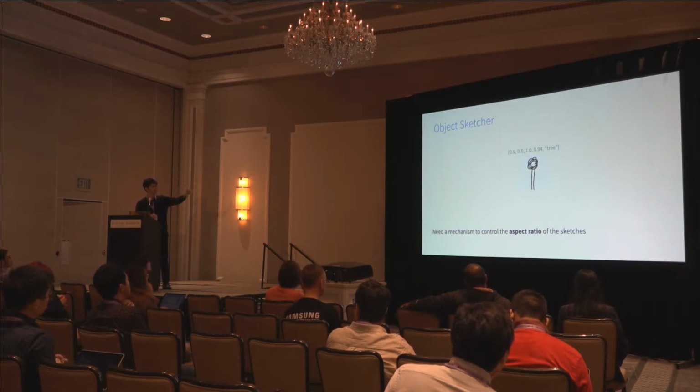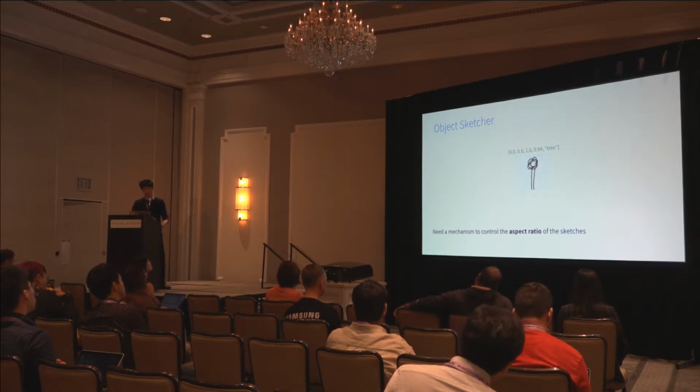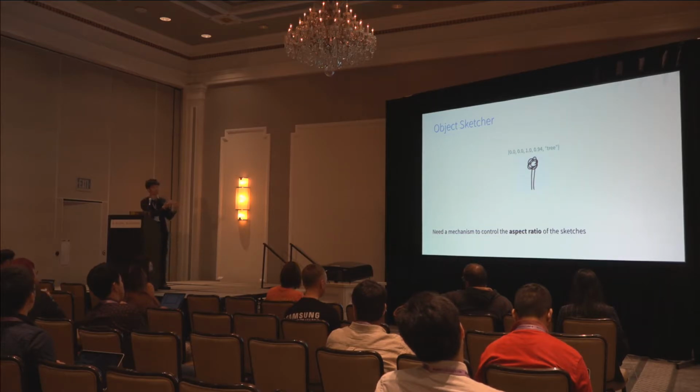Sorry, the bounding box is very blunt here. You can see the tree here is quite wide and kind of boxy. But if we don't give guidance to the model to generate a specific kind of tree, it can give a very thin tree that might be inappropriate to compose into the scene. So we need a mechanism to control the aspect ratios of the sketches.